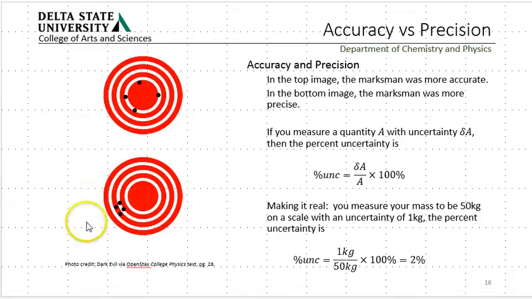Accuracy is how close your average is. Precision is how tight your grouping is. Those are two different things, and an accurate prediction versus a precise prediction don't mean the same thing.